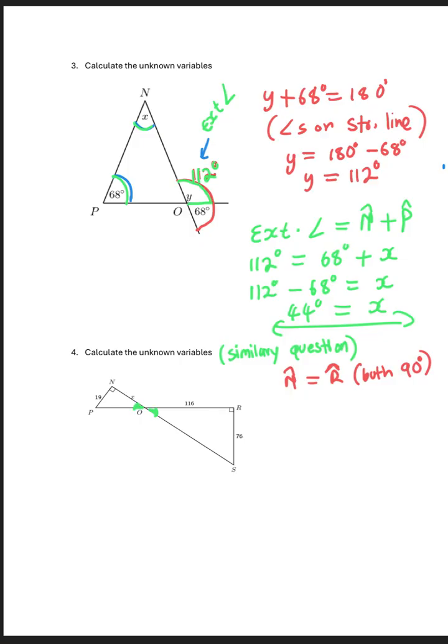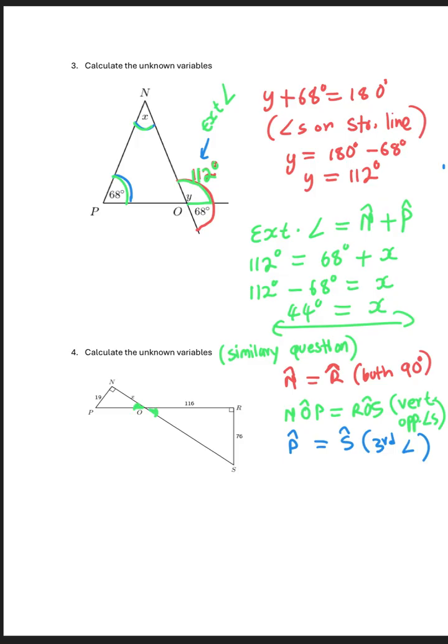So that's angle NOP is equals to angle ROS. These are vertically opposite angles, right? And because two angles are equal, the third angle will be equal. So this is how we write it. We say then angle P is equals to angle S. Reason, the third angle.